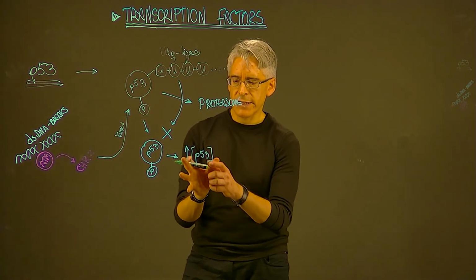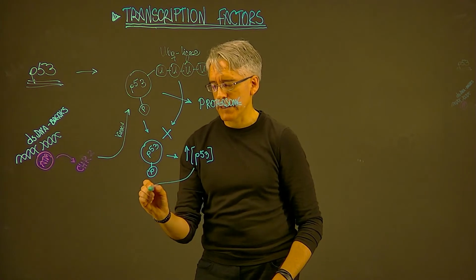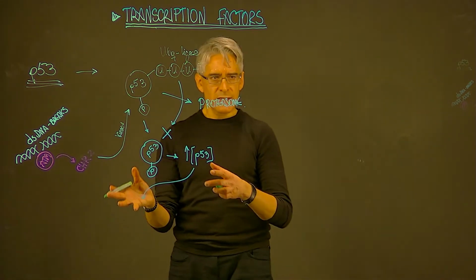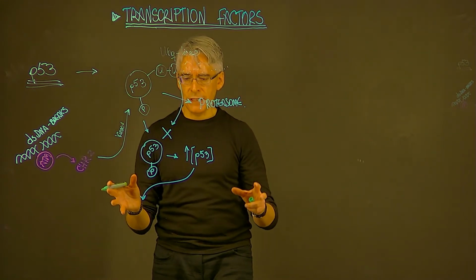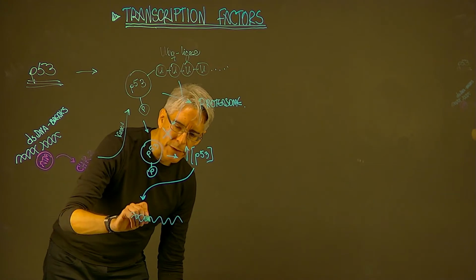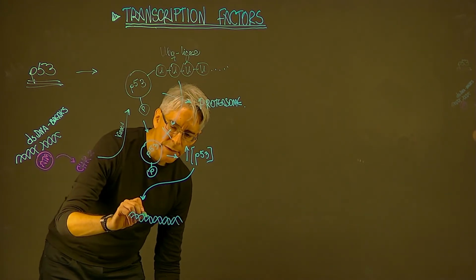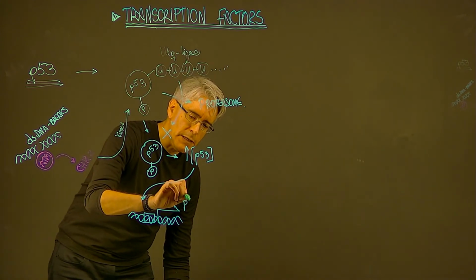So when the concentration of p53 increases, p53 has the ability to translocate into the nucleus and start affecting the transcription of very specific sets of genes. The first set of genes that are targeted by p53 include a gene that codes for a protein known as p21.